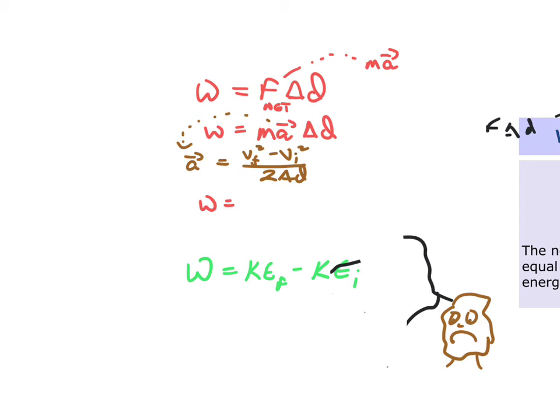We begin and we say that work is equal to F delta D, and we know that F net is equal to MA.